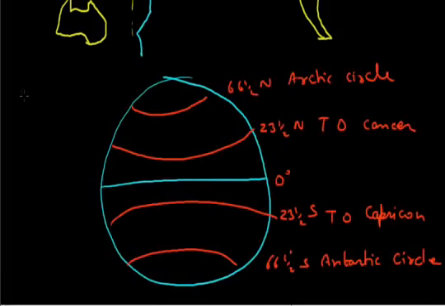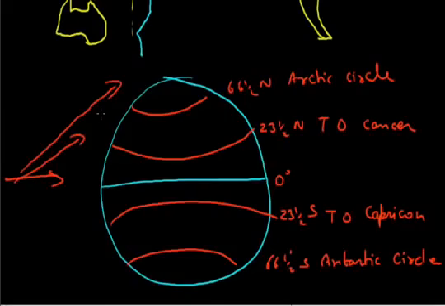These lines make heat zones on Earth. Here the heat comes directly to the Earth, while here the heat takes a little more distance, and that is why we see three different zones.